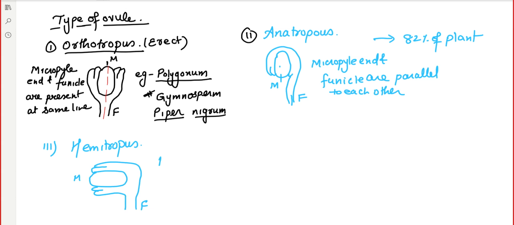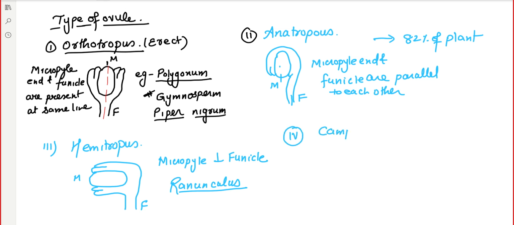If you see, the micropyle end is perpendicular to the funicle. If you see this kind of arrangement, then you call it hemitropous type. Here you see the example of Ranunculus. Then we have the fourth type, called the campylotropous type.